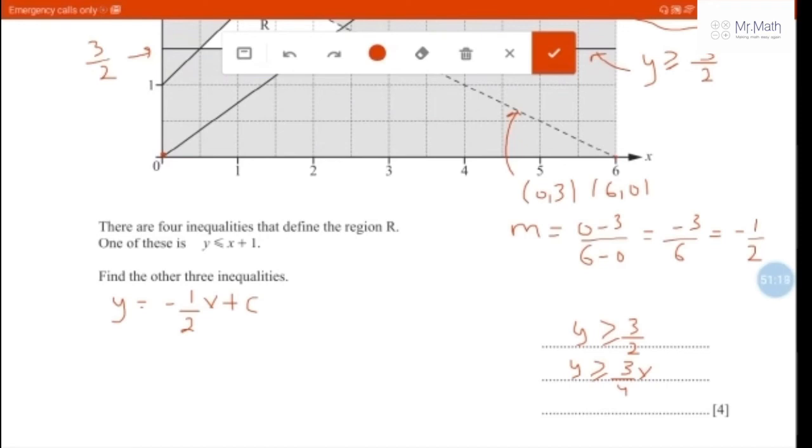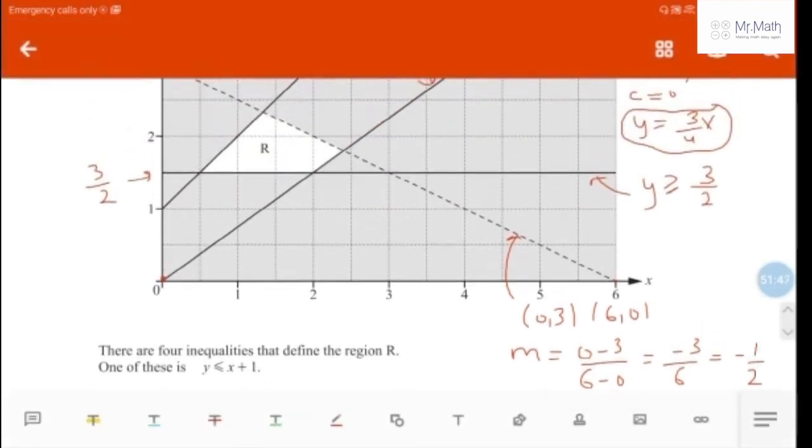So the y coordinate of this point is 3. So I have 3 equals negative half x, and x here is 0 plus c. So negative half times 0 is 0, so c is equal to 3. So y is equal to negative half x plus 3.